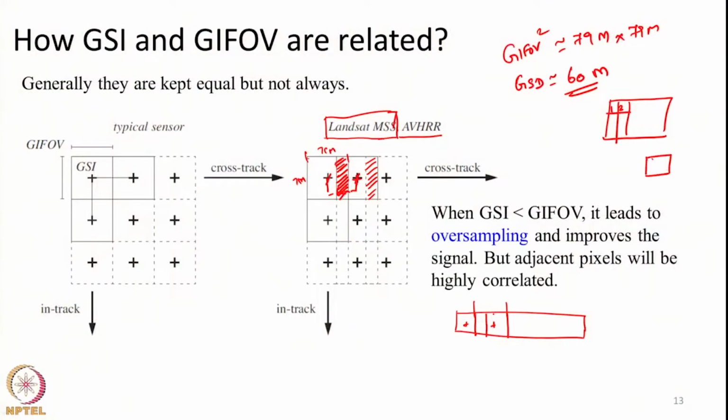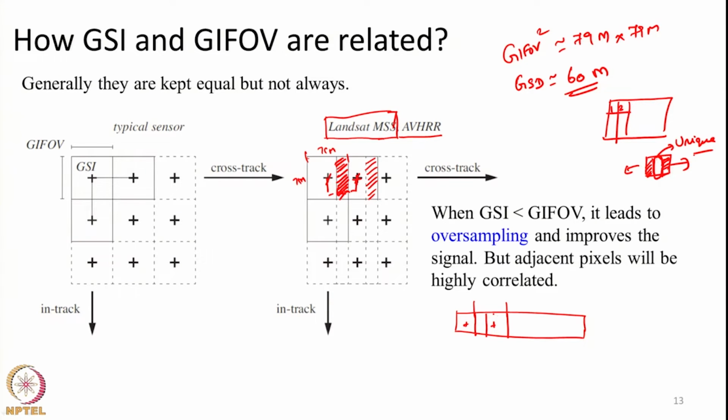That is, a middle pixel here will have a certain portion overlapping with its pixel to the left, and similarly a certain portion overlapping with its pixel to the right. So, only one particular portion of the pixel will be unique, and the rest of these two sides will have a strong overlap with the adjacent pixels.